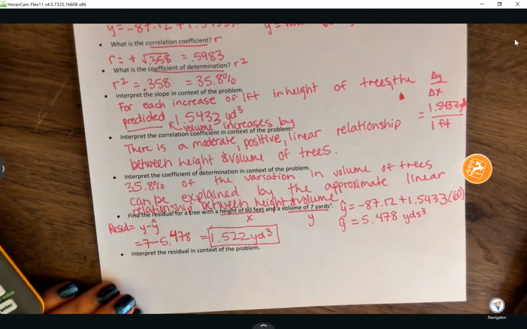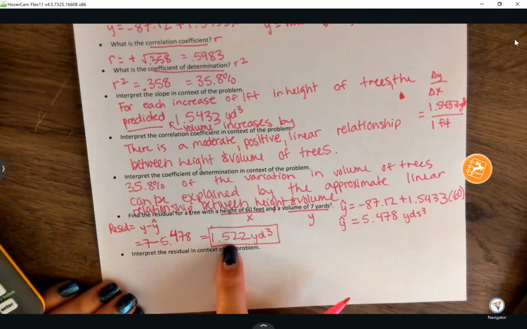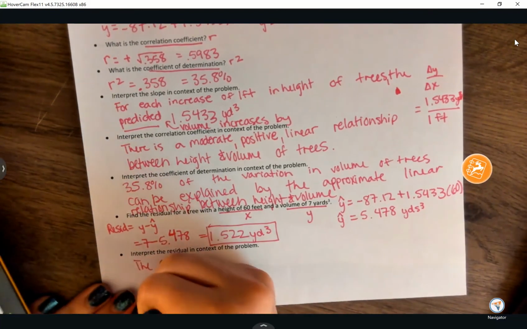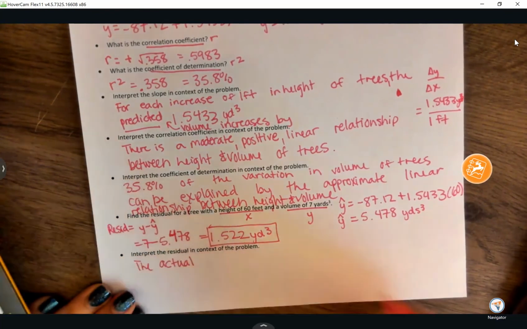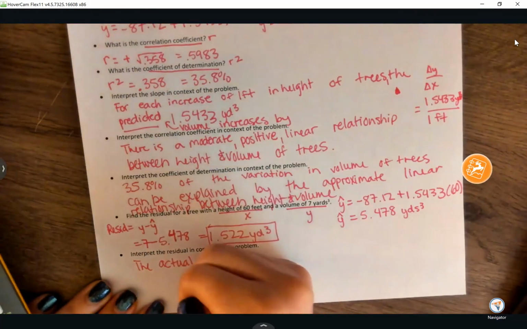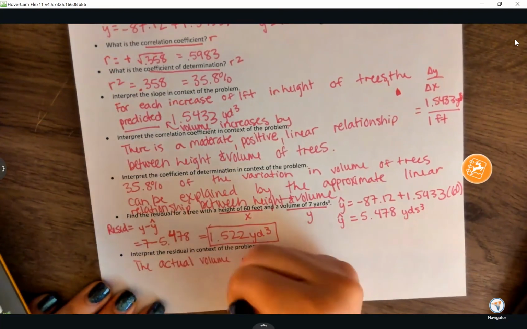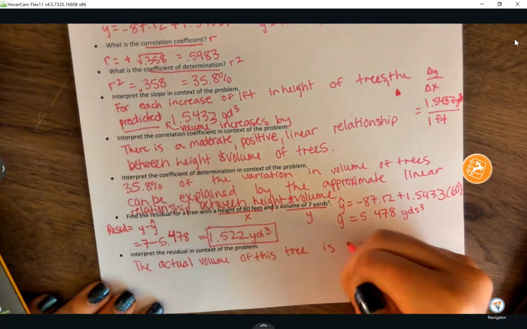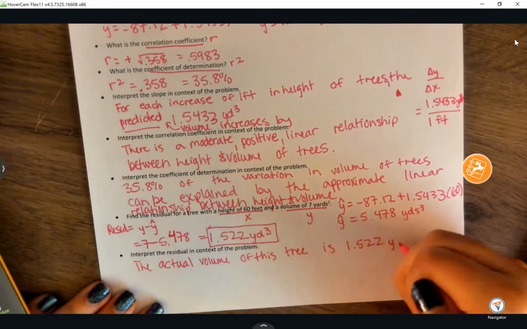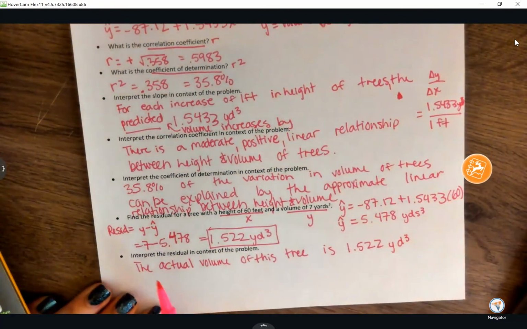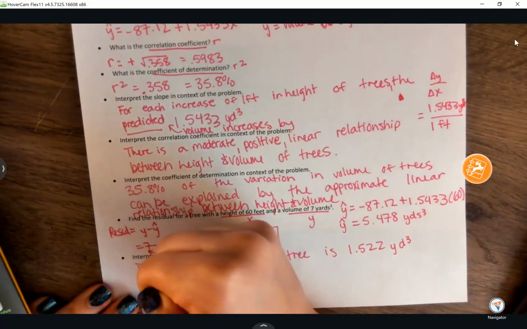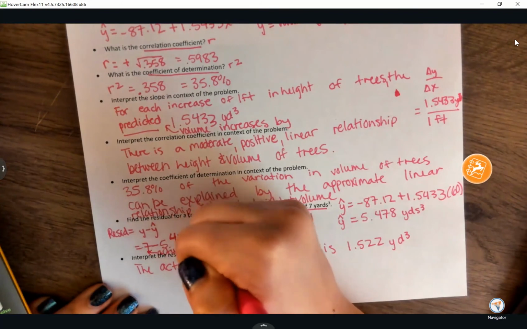Next step is to interpret the residual in context of the problem. So we have a positive residual. So I would say the actual, remember this is referring to the difference in the y variables. So the actual volume of this tree is 1.522 yards cubed, and notice this is the actual, and this is the predicted.